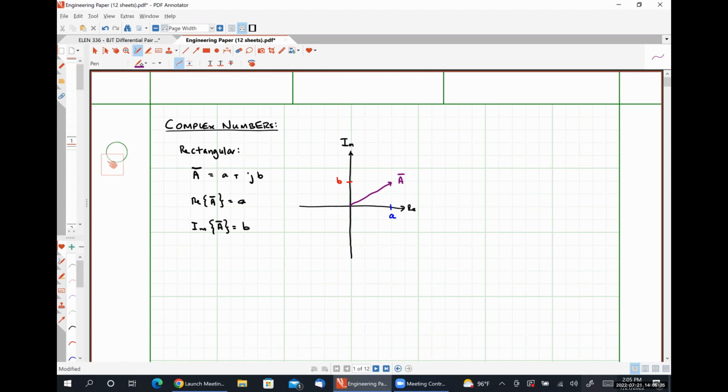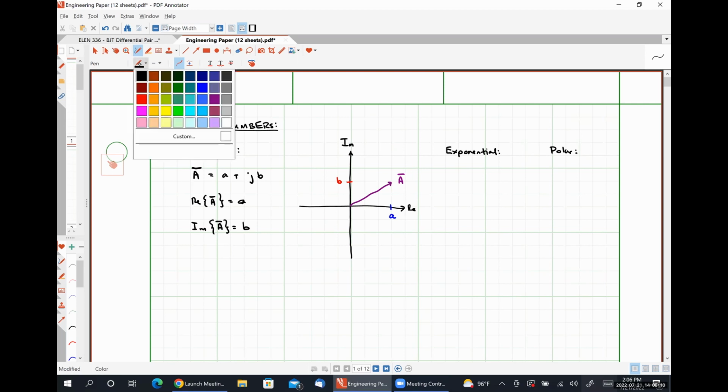All right, so we can also represent complex numbers in an exponential format as well as a polar format. Okay. The exponential format for a complex number and the polar format for a complex number contain the exact same information. The polar notation is just a shorthand notation for the exponential.